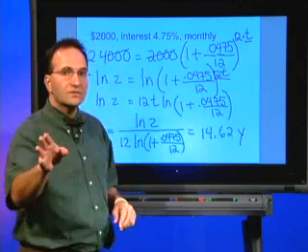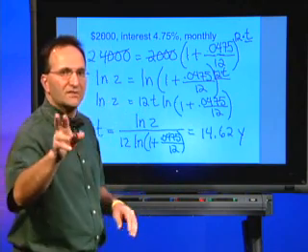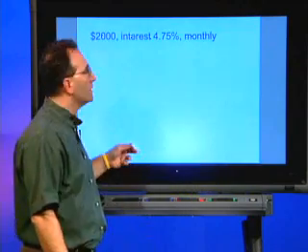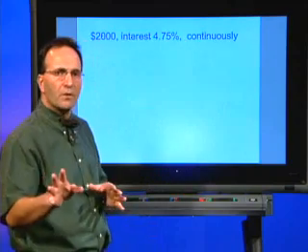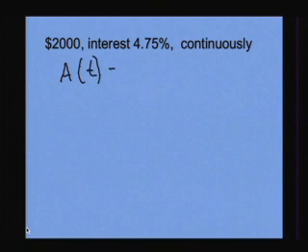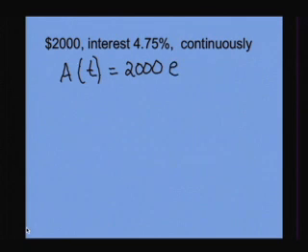Well, now let's take a look at what happens when you compound it continuously. When we compound it continuously, the formula we're going to use is that the amount, A of t, is going to be the initial amount, which is 2,000, and that's going to be multiplied times e raised to the interest rate times t.